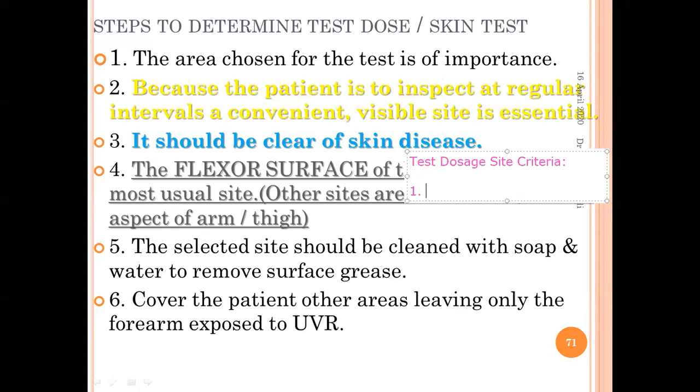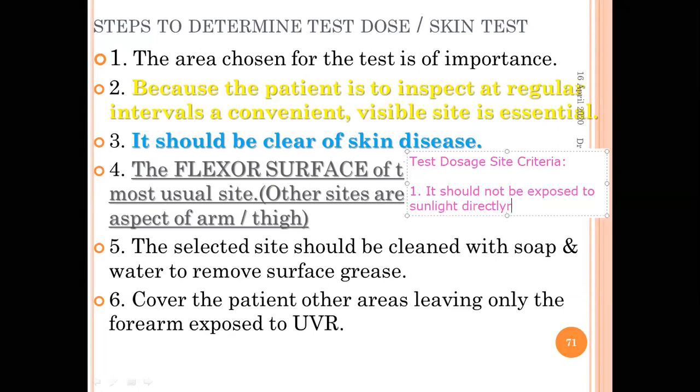We will go with the PPT slide also. First thing, it should not be exposed to sunlight directly.